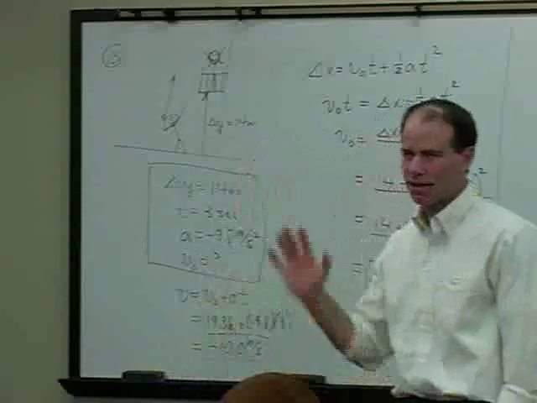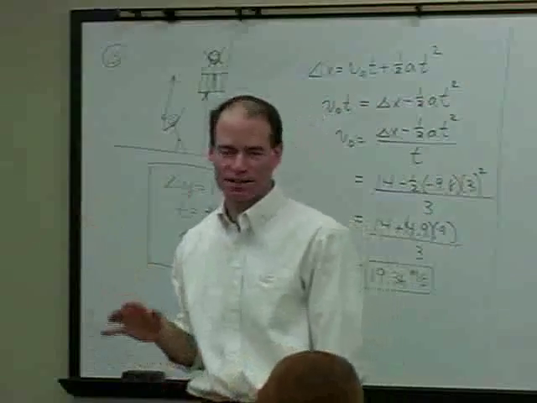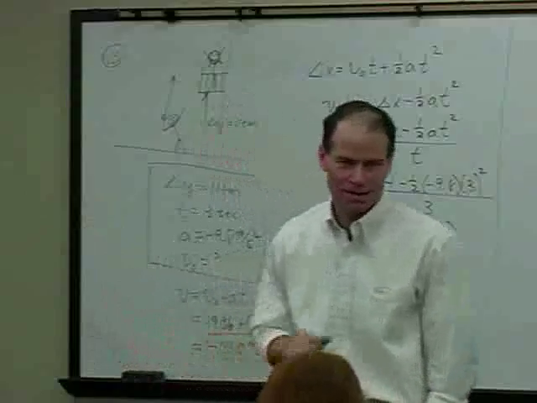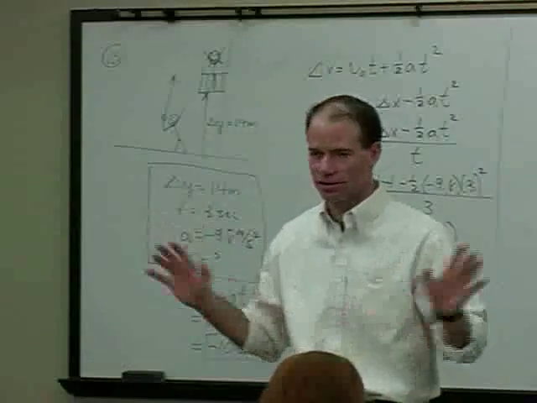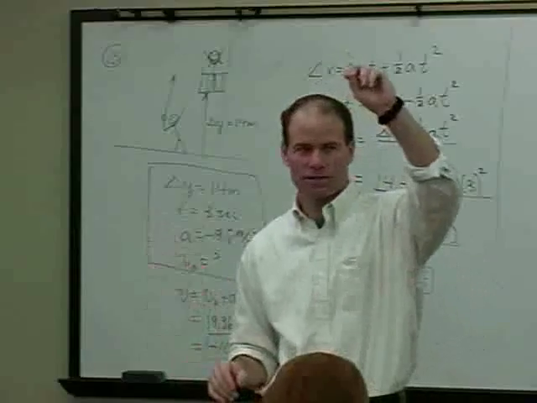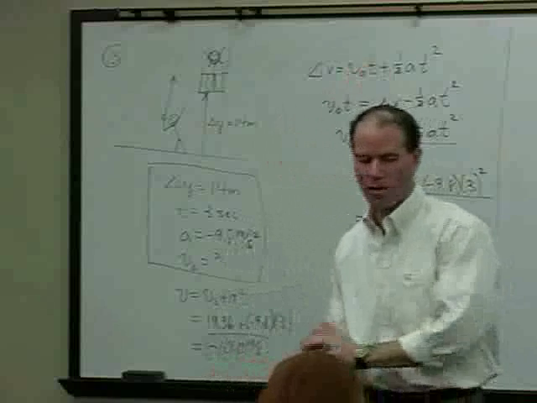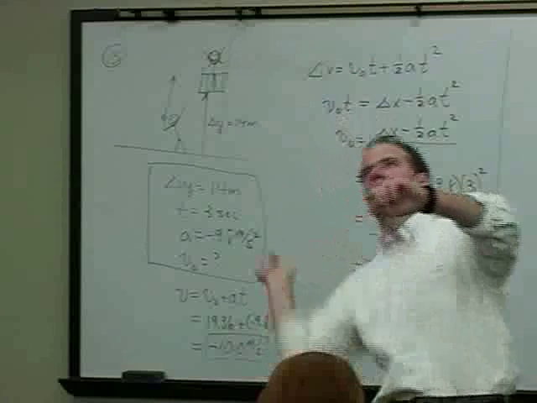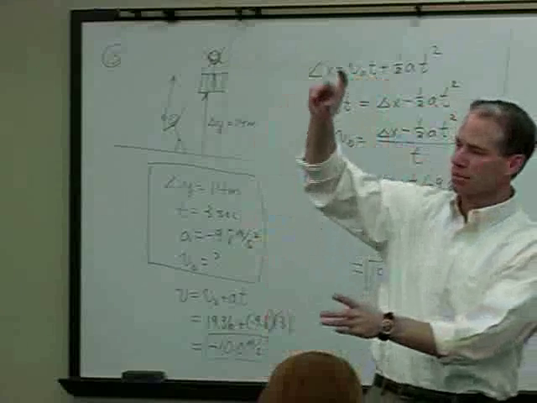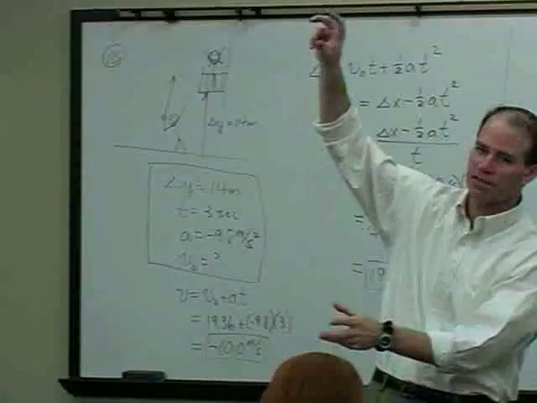Here's an interesting sidelight to all that, which might go in the category of more information than you need at this moment. But in the absence of air friction, the motion of going up is exactly mirrored by the motion coming down. If I were to throw a ball up, it would start off pretty fast and then slow down under acceleration, slow down to a stop eventually.